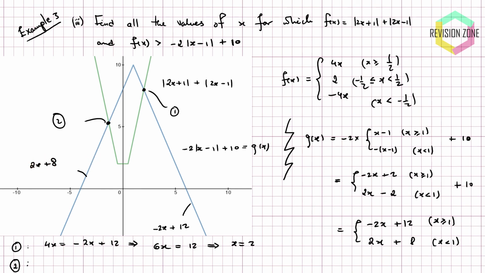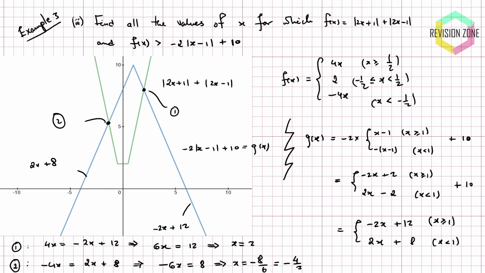So minus 4x equals 2x plus 8, which, taking it to the left-hand side, gives minus 6x equals 8, so x equals minus 8 over 6, which we can simplify to minus 4/3.